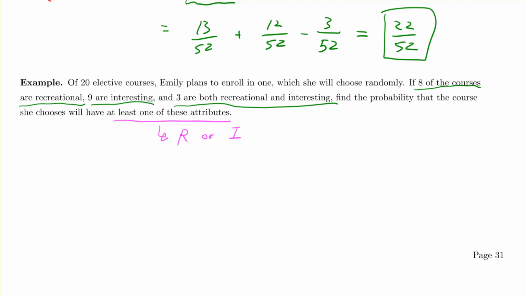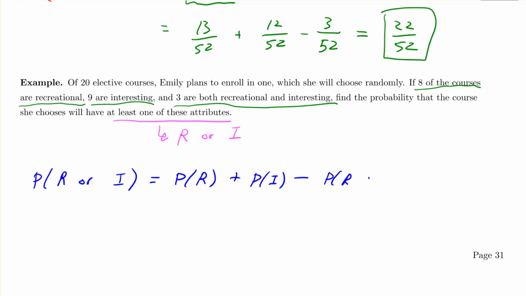Okay. So essentially, we're finding probability of recreational or interesting, which uses the same formula: probability of recreational plus probability of interesting minus probability of recreational and interesting. So this is out of 20 elective courses. How many are recreational? 8.